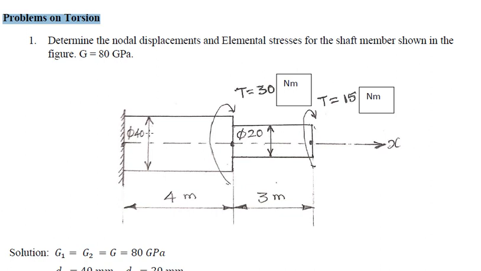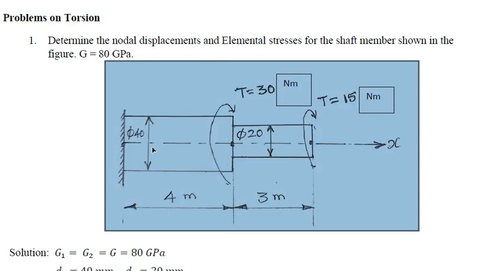Here a stepped shaft member, or a stepped torsional member, is given. Initially it has a diameter of 40 millimeter, reduced to 20 millimeter. Since there is geometrical discontinuity, we should consider it as two elements.